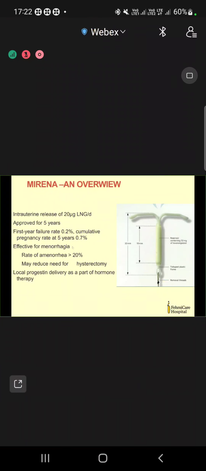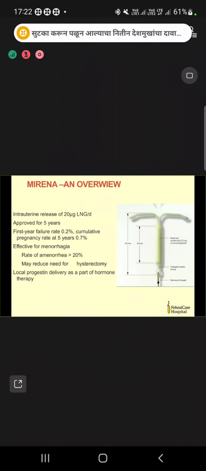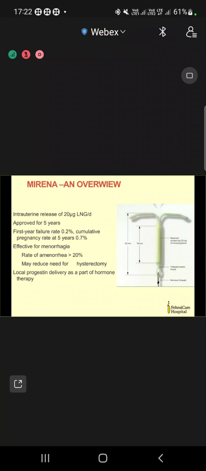Though it was first designed for contraception, the observations of various physicians came to the effect that it can be used for AUB also, because it was observed to effectively control the bleeding, and in 20% of cases it even achieves amenorrhea.